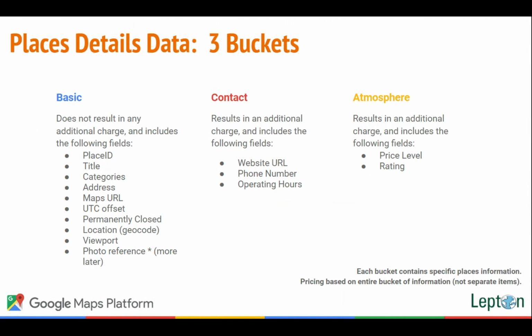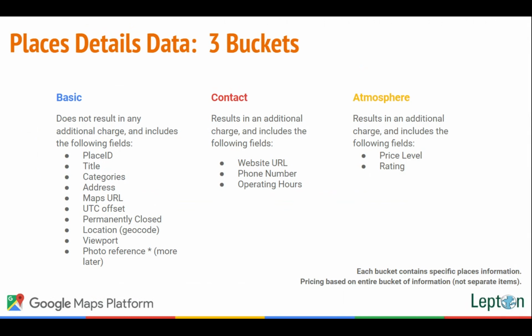When we talk of basic category, it covers place ID, title, lat long, address, maps URL, all these data attributes about a point of interest. Now, if we talk about contact category, it includes the website URL, phone number, and the operational hours, closing hours, opening hours of a point of interest.